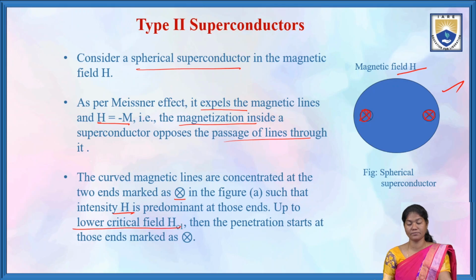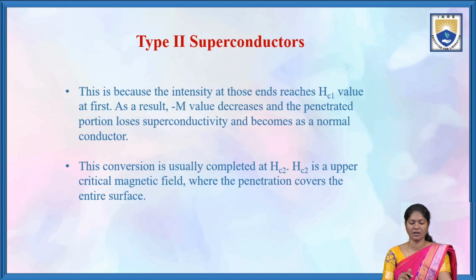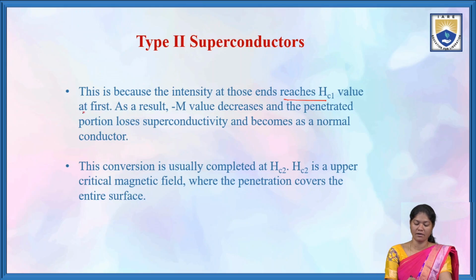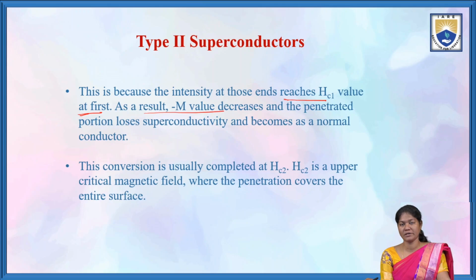Up to the lower critical magnetic field HC1, then the penetration starts at those ends. Because the intensity at those ends reaches the HC1 value first, the minus M value, that is the opposing magnetization value, decreases, and the penetrated portion loses superconductivity and becomes a normal conductor.